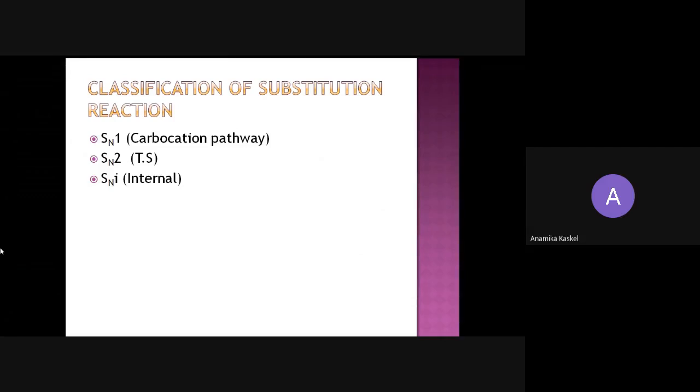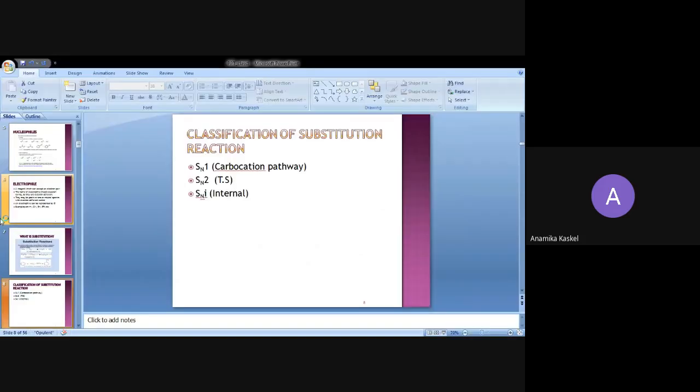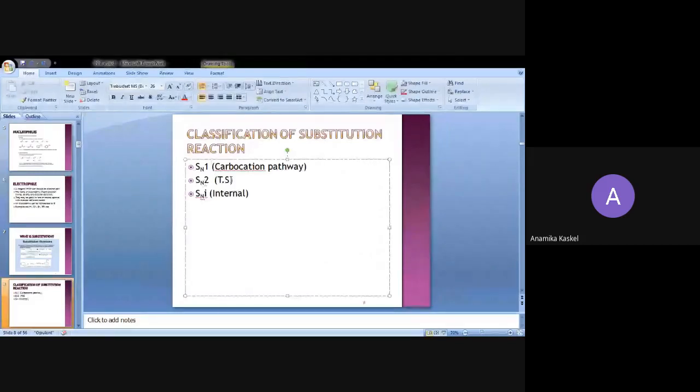But this is the main thing for the classification of the substitution reaction, and we can classify this substitution reaction in three ways. Generally, in 11th and 12th you read that there are two parts, Sn1 and Sn2. But there is also one more part, called Sni. So Sn1, Sn2 and Sni. You must remember one thing, you should write it in that way.